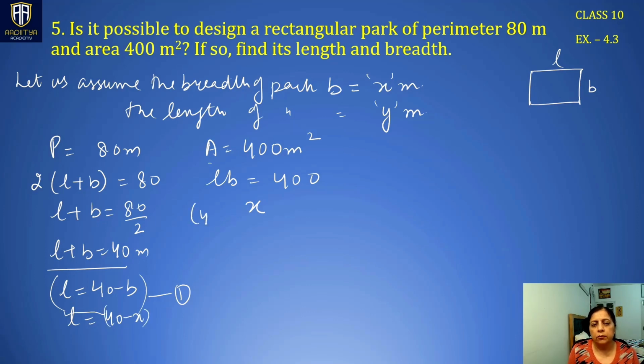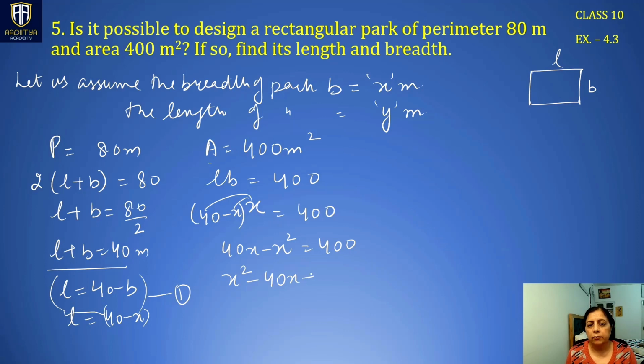So length becomes 40 minus x, and the product of these two components is 400. So now the equation becomes 40x minus x square is equal to 400. I'm taking these two terms to the right hand side, so it becomes x square, 40x becomes negative, 400 is already there. This is 0. This is the quadratic equation that we have got from the given conditions.